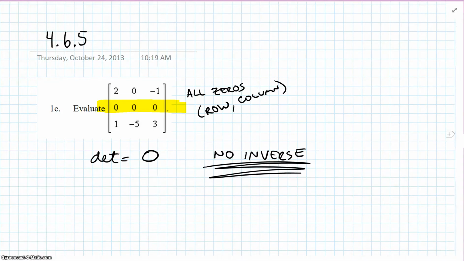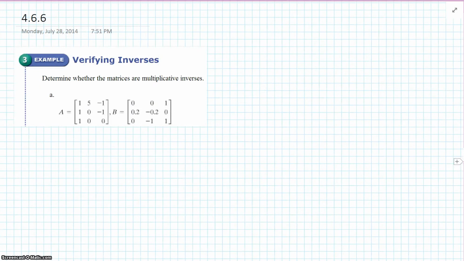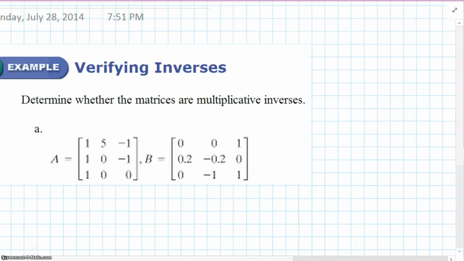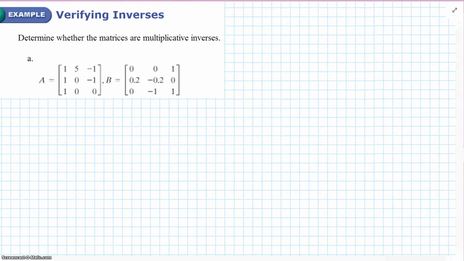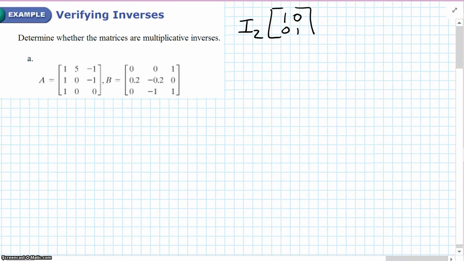All right. Next example. Verifying inverses, okay? Determine whether the matrices are multiplicative inverses. We learned a while back that the identity matrix of a 2 by 2 matrix has the properties of 1, 0, 0, 1.